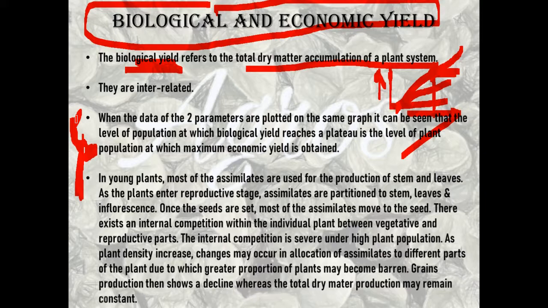Let me explain it in simple words. Suppose there is a family with two young children. They are given equal allowances or equal resources.